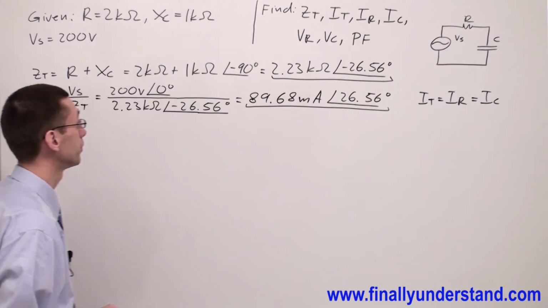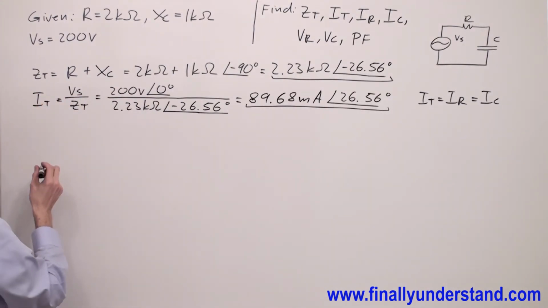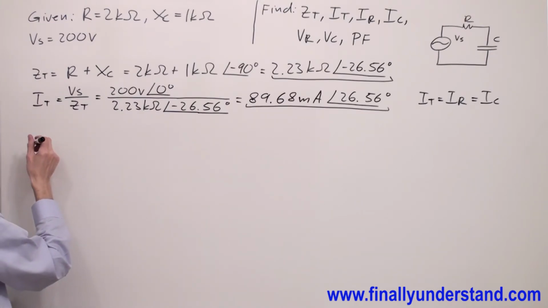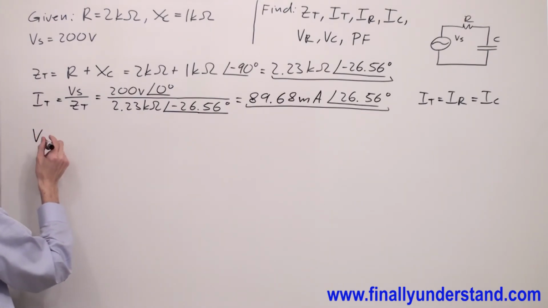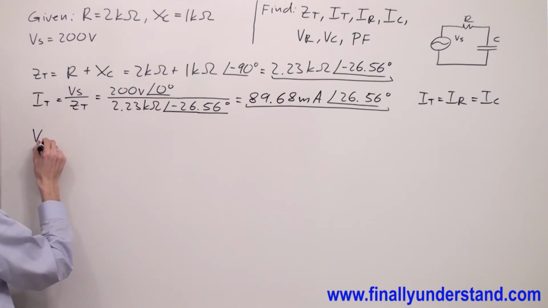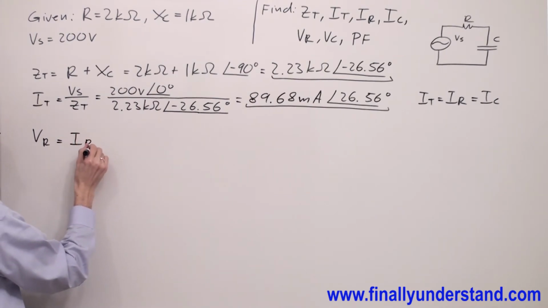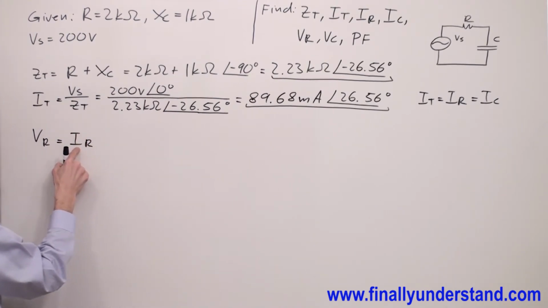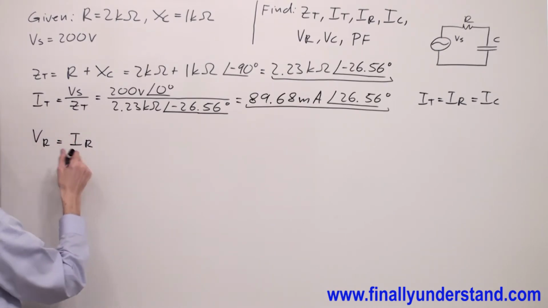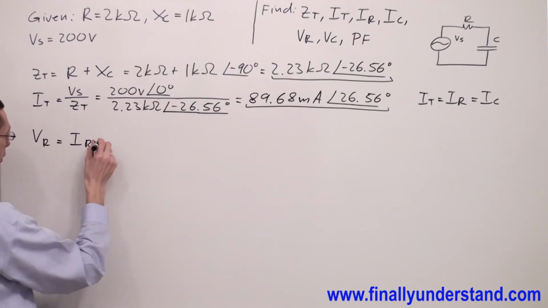Next, we're supposed to find the voltage across the resistor. I'm going to use Ohm's law. Ohm's law says voltage is equal to current times resistance. So VR is equal to IR, the current which goes through the resistor. In this case, the current is equal to I total. If you write I total times R, that is also correct.